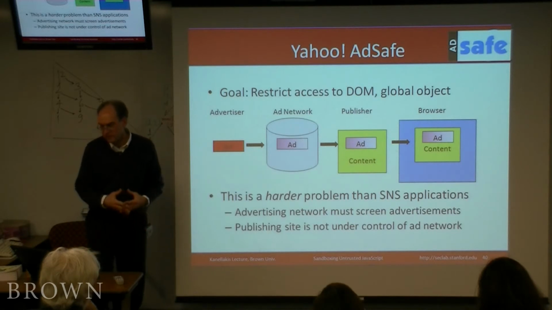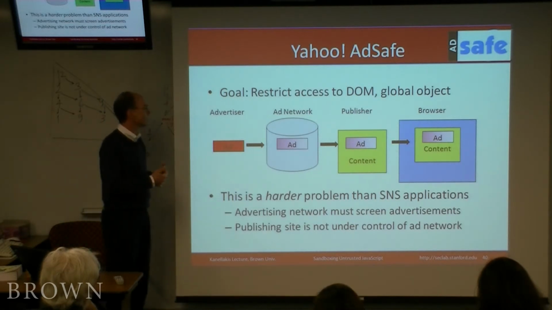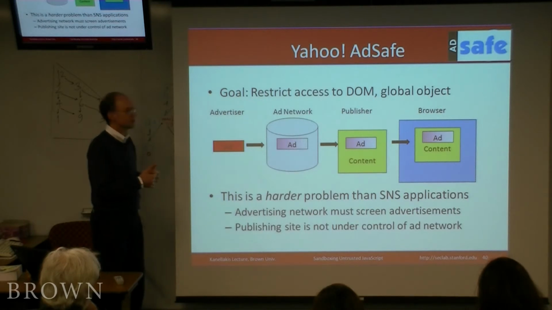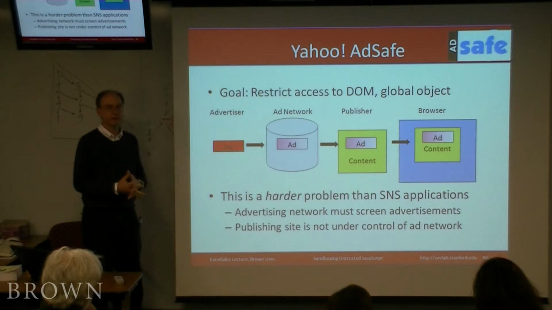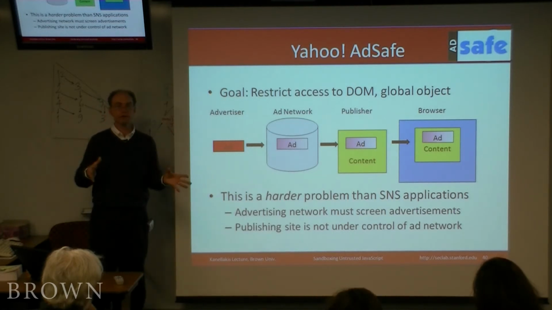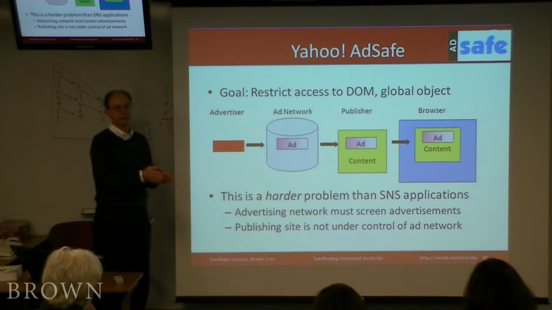I want to say a little bit about Yahoo and the ads filtering problem. And the main point here is this is just a harder problem than the Facebook problem. The main issue is Facebook or a social network site or an iGoogle page, anything like that that's serving untrusted content in its own page, at least knows what the larger page is that's hosting the potentially malicious untrusted code.